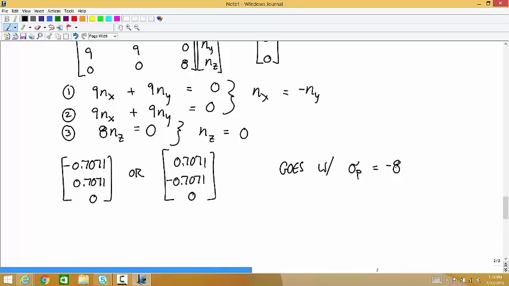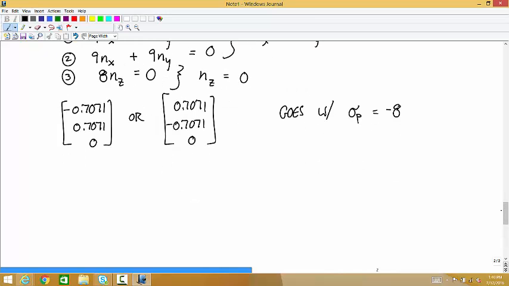Now you can go through the same procedure with the 0, or you could just take the cross product of these two. You know the third axis has to be perpendicular. So if you cross the first 2 principal axes, you get 2 possibilities.